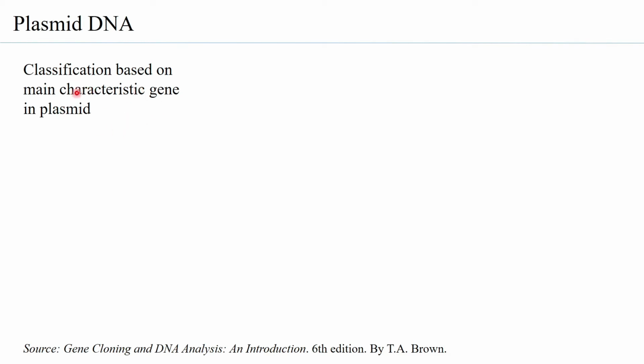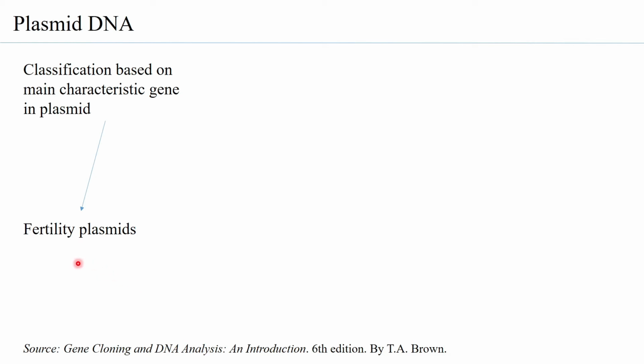So based on that particular characteristic gene in the plasmid, you can have what are called fertility plasmids. The word fertility comes from the fact that you can have two bacteria mating with each other. So essentially, you do not have sexual reproduction.